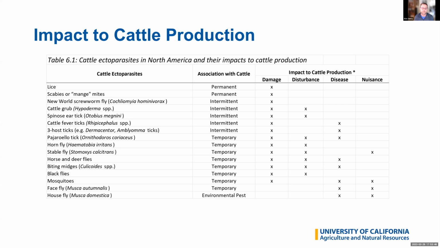Certainly those causing direct damage typically are something people would like to control because the damage doesn't look good on the animals. In some cases it can result in secondary infections. And we have a pretty good appreciation that kind of damage can lead to real economic costs or injury.